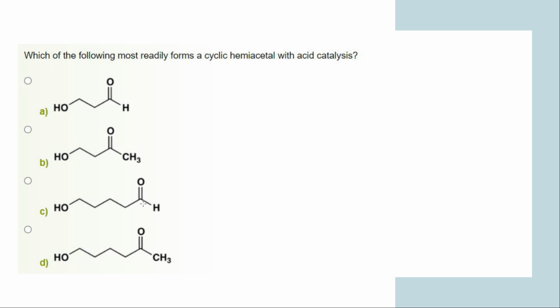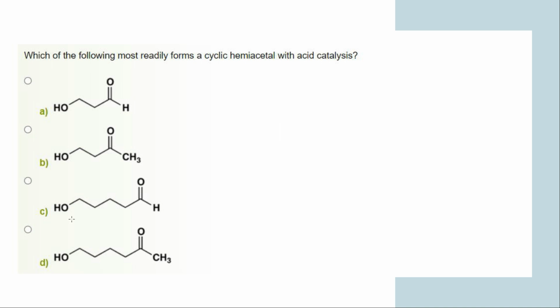Thus, you have 4-membered versus 6-membered hemiacetal for option A and C. And we know that 3 and 4-membered cyclic compounds are highly strained and their formation will also not be very feasible. So if you compare option A versus C, you must choose option C as the correct answer.